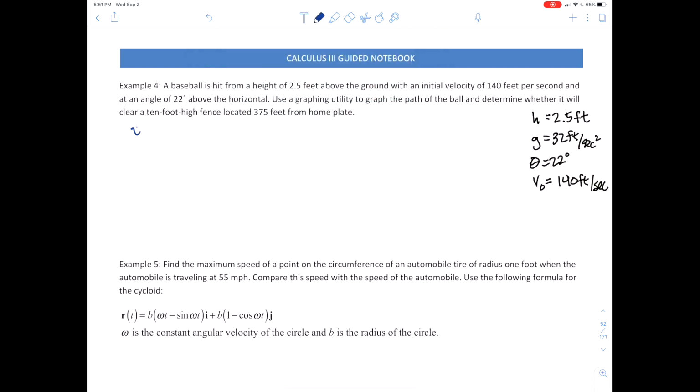Our x at t is going to be equal to 140, because that's our V0, times cosine theta, which was 22 degrees, times t.